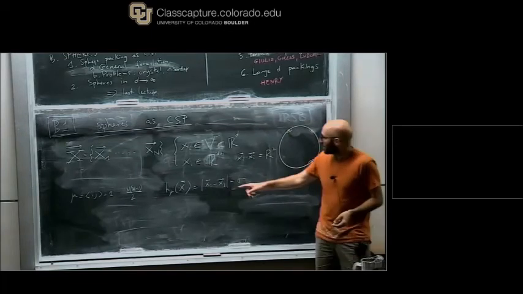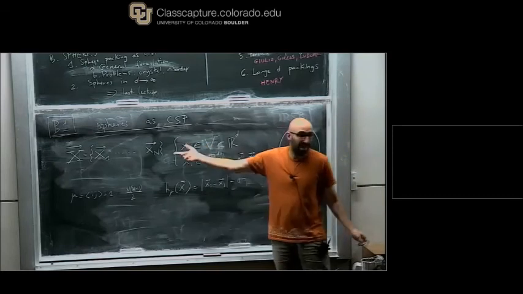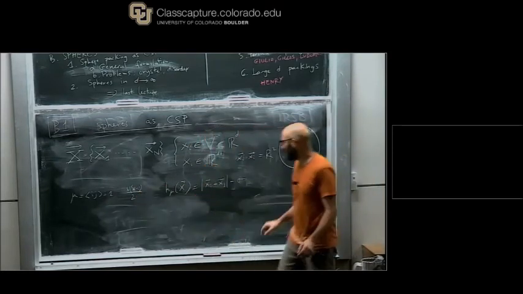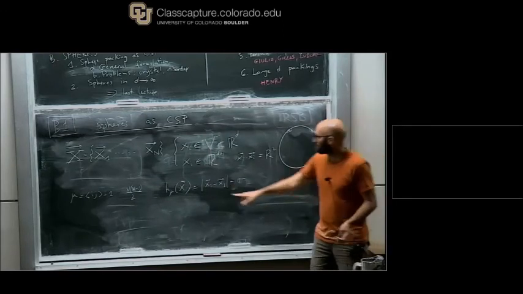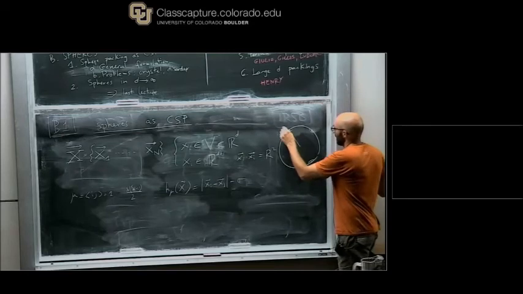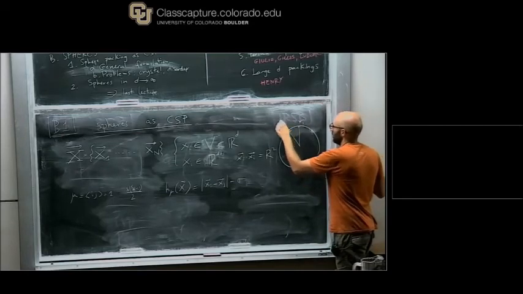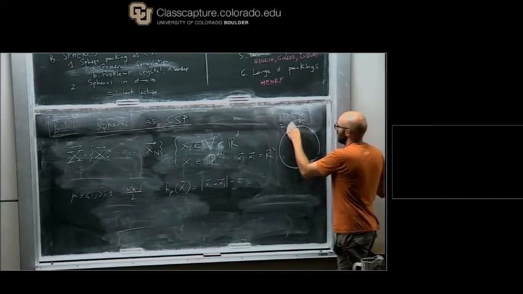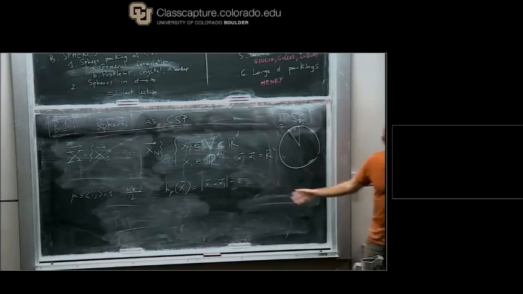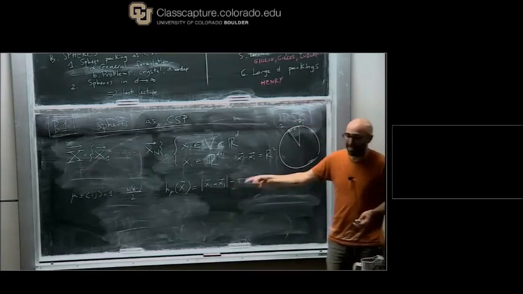So I have d times n variables, and n times n minus 1 over 2 constraints, and each of them says that xi and xj should be at a distance bigger than sigma. But you see, it's really similar to the perceptron, except that the constraints now are not linear in X.